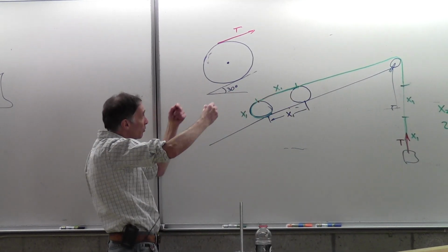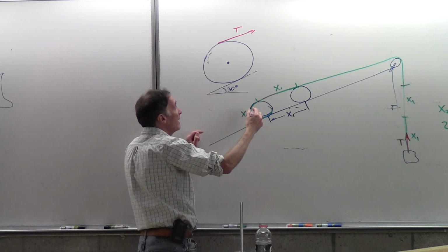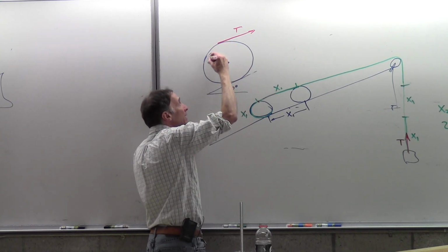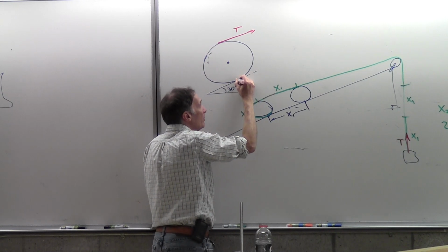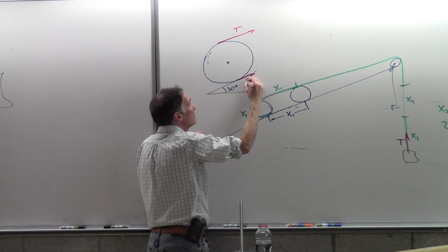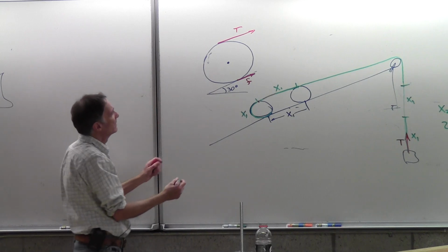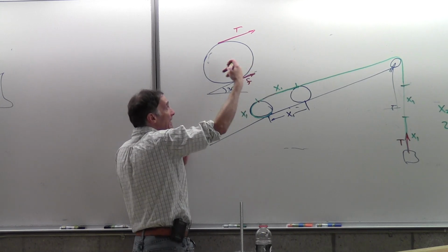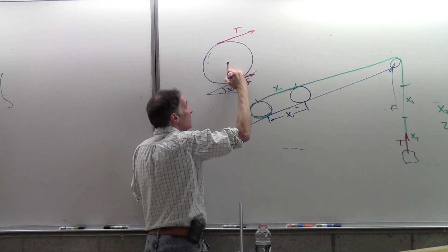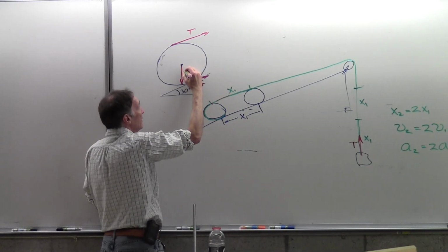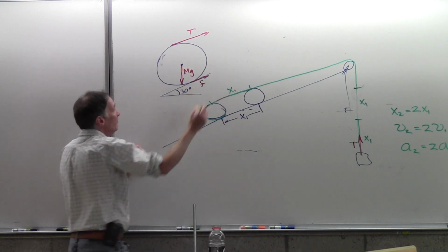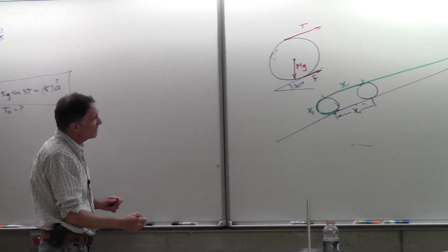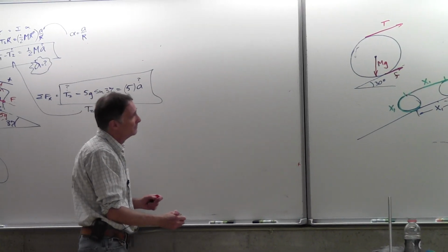If I want to get it to roll without slipping, that's going to take some friction. There's going to be some friction on the roller that's going to be back in this direction. And what's getting it to come down this incline is going to be the gravity of this thing, mg, pulling it down. And these are the forces that are acting on it.